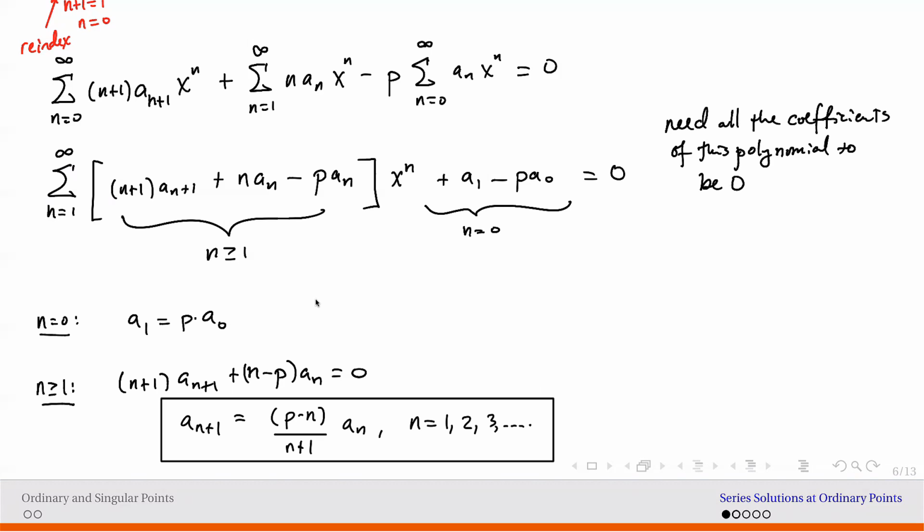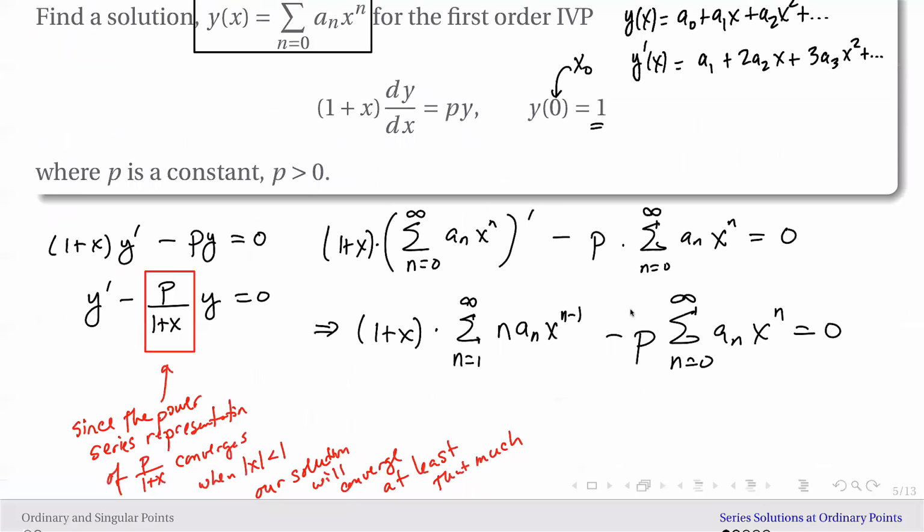Well, if you think about it, our solution, remember, is a polynomial of the form y of x equals a0 plus a1 x plus a2 x squared, plus so on. And we're figuring out what a0, a1, a2 are. What is y at 0? Well, y at 0 turns out to be a0. And for this problem, y at 0 is 1.